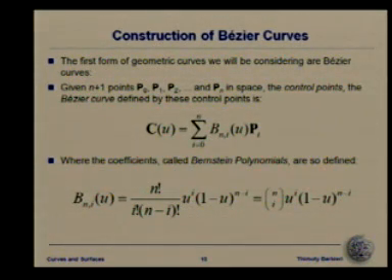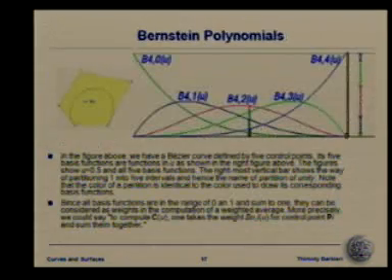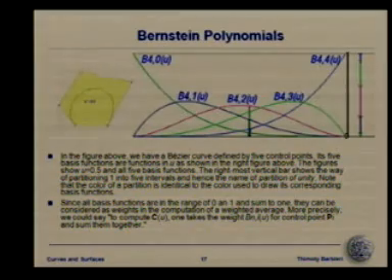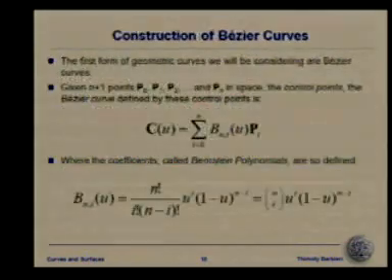So when u equals 0, this Bernstein is 1 when i equals 0. So c of 0 equals P0. All the other ones are nullified by the Bernstein polynomial, you see? So it actually happens that c at u equals 0 coincides with P0. You see?